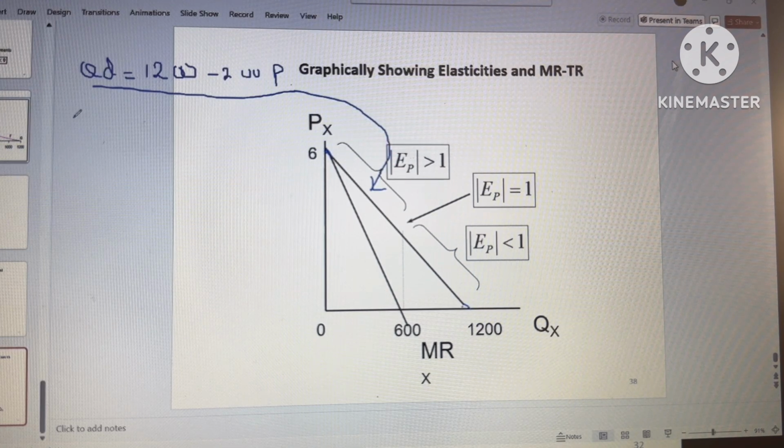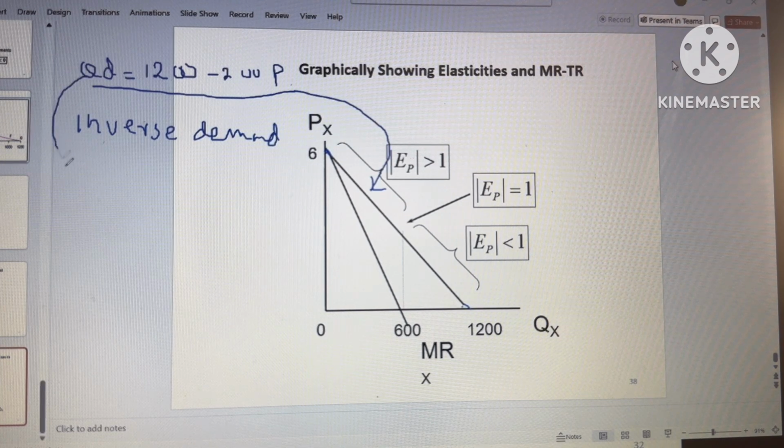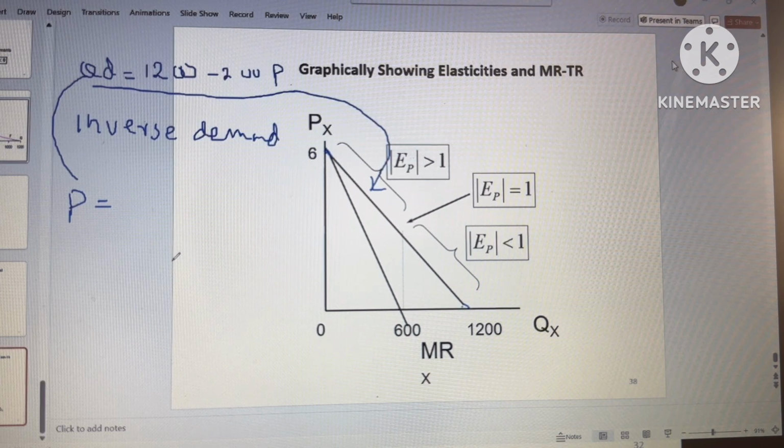And now I want you to find the inverse demand equation. What is the inverse demand equation? You need to solve this equation for P. P equals. Let's listen a little bit.